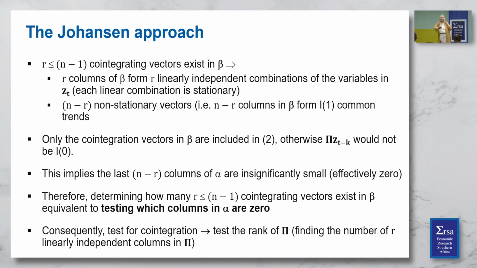You have to find that lower echelon, see how many 0 rows you have in that pi matrix. For me still, I can see the math, but it's still difficult, or not really. If you can see 2 columns are independent, and a third is just a multiple of the other one, then you can claim two vectors there. But you can see it's much less intuitive than the Engle-Granger method.